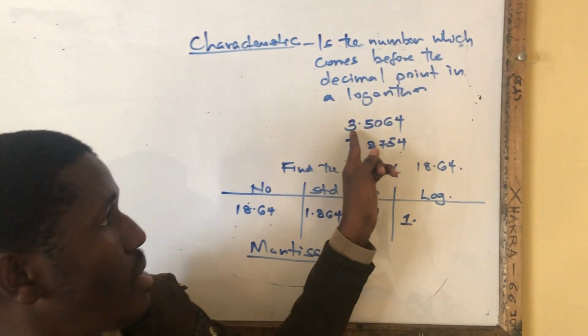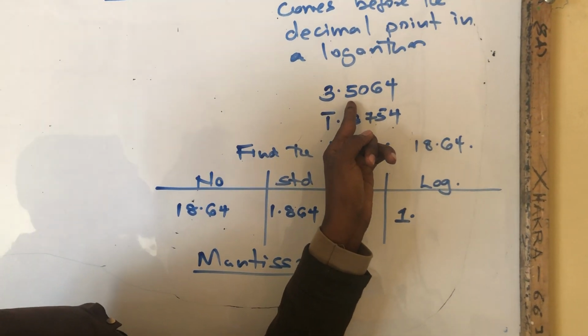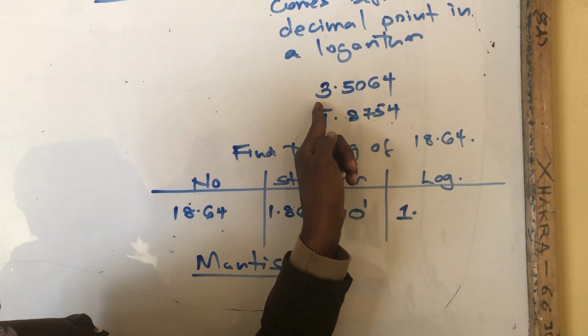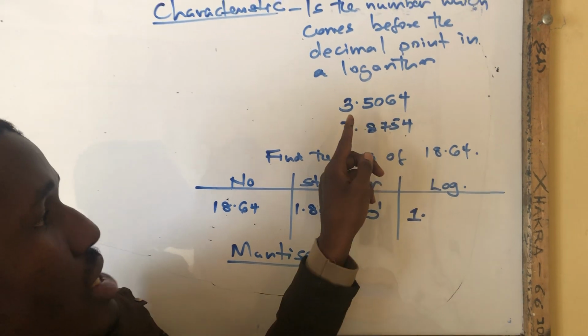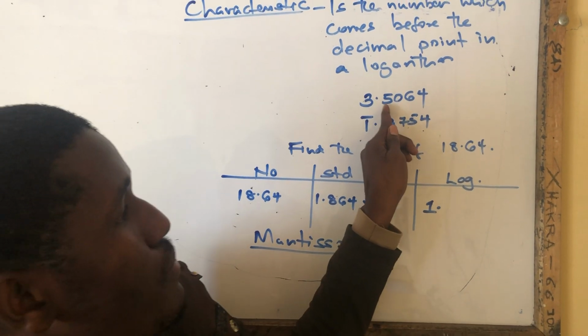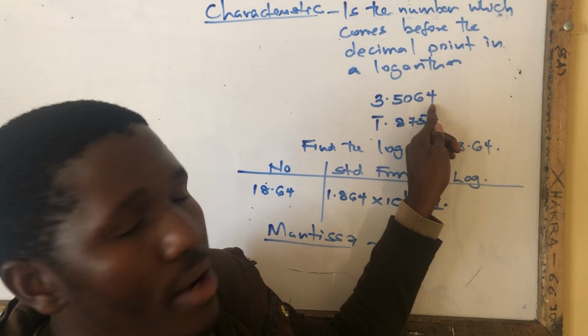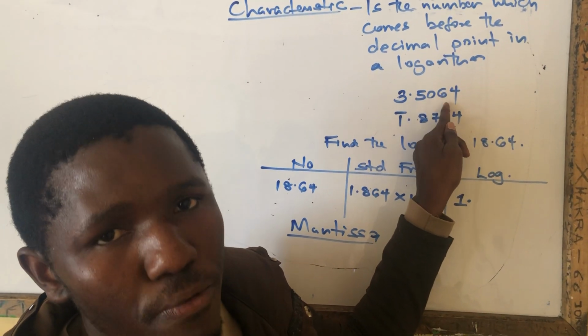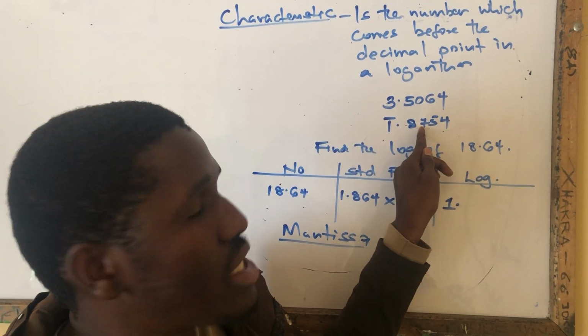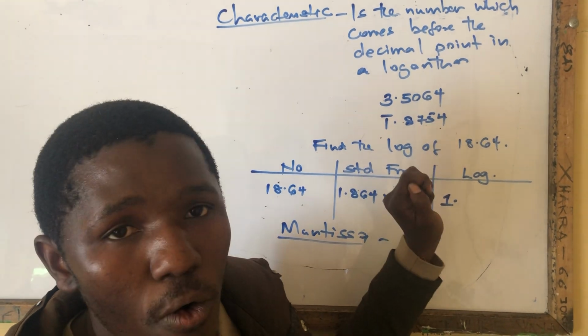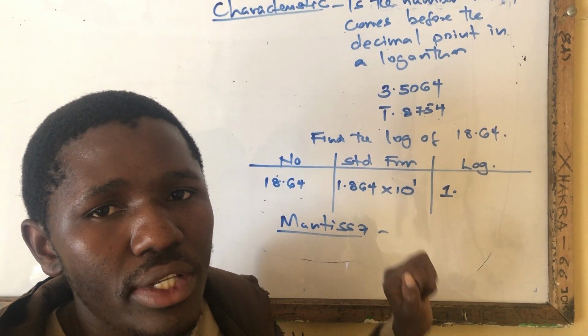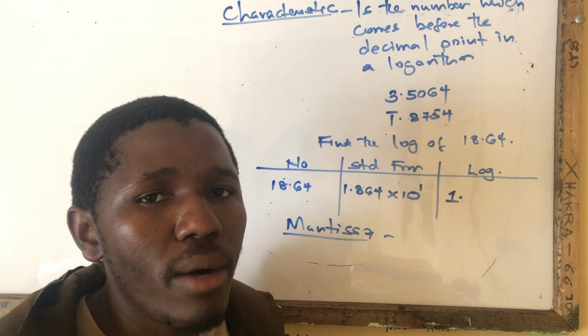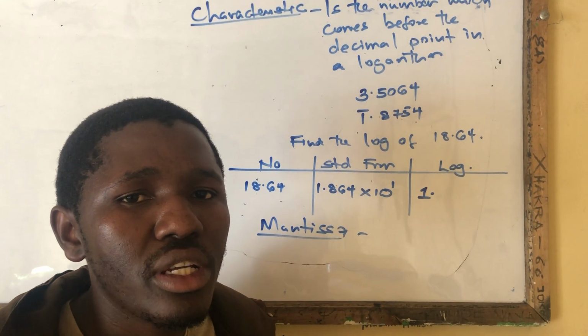For instance, let's work with this example we were given earlier on. What would be the mantissa in this number? The mantissa would be these 4 figures coming after the decimal, that is 5064 or 8754.